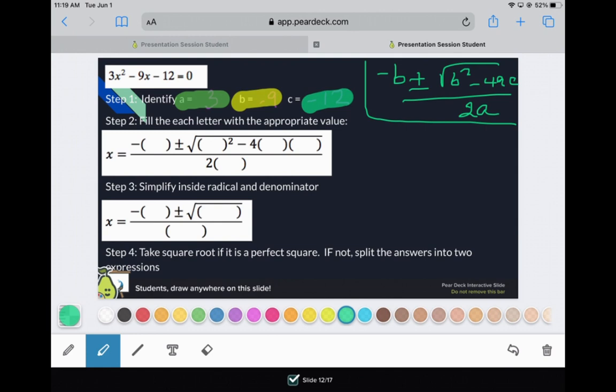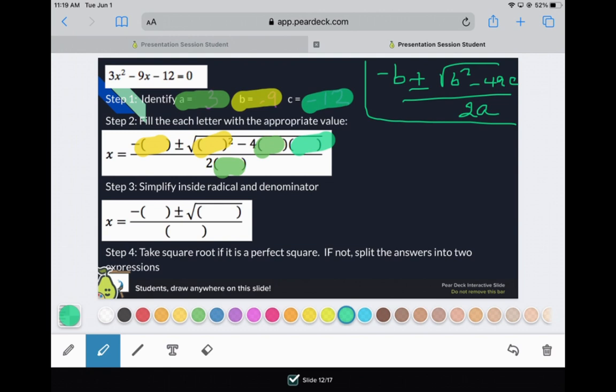So A, A and A. Then with the B values, and then with C, we can fill in the values that are missing.